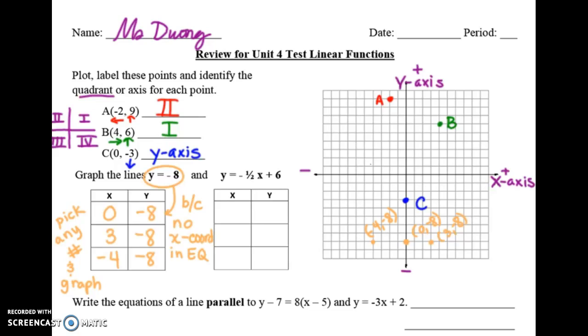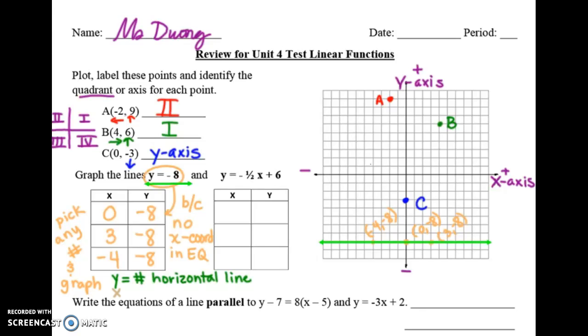Notice all 3 points in that table will lie on the same horizontal line. So although the y-axis goes up and down, y equals a number will be a horizontal line because all of the y values are the same. So if y equals a number, whatever that number may be, it will result in a horizontal line.